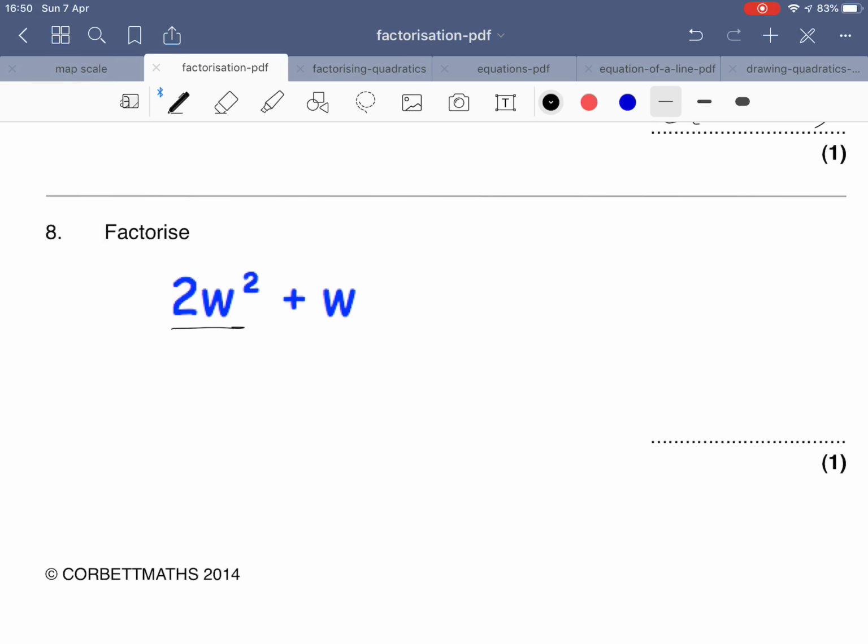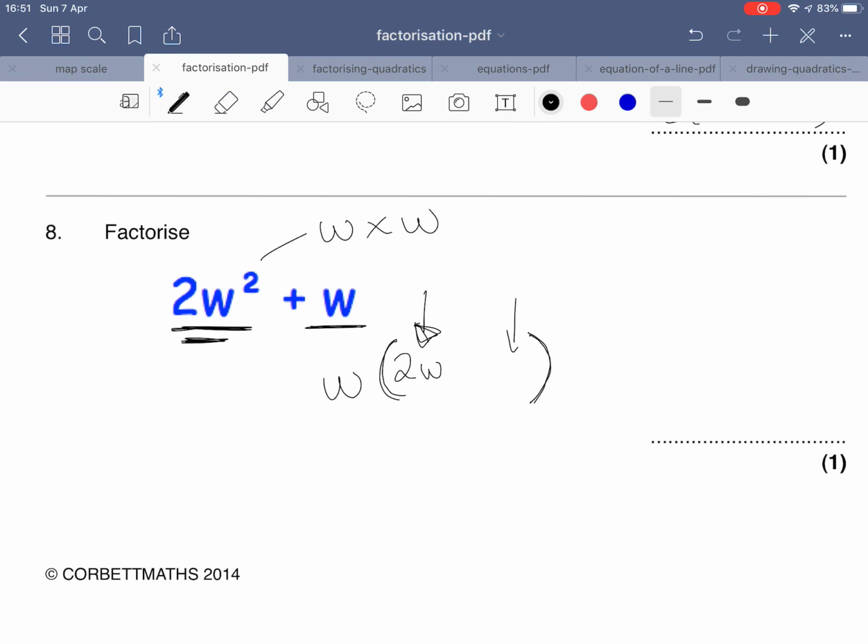Okay, next one, we've got 2w squared plus w. So there is a w in both. There's no number that goes into both of them. So it's just a w on the outside. Then for this space here, w times what is 2w squared. So I need the 2, and I need an extra w to get that w squared, because don't forget w squared means w times w.